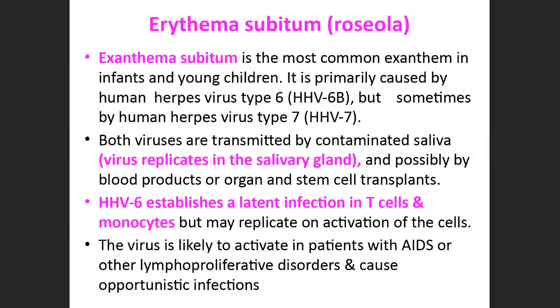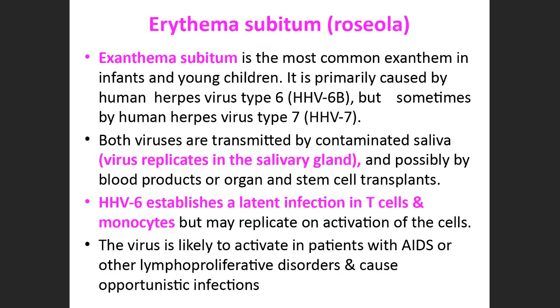Talking about erythema subitum, which is also known as roseola. Exanthema subitum is the most common exanthem in young children, like infants and toddlers. The causative agent is human herpesvirus 6 and sometimes human herpesvirus 7. These are transmitted by contaminated saliva, and sometimes by blood products, or even stem cell or organ transplants.